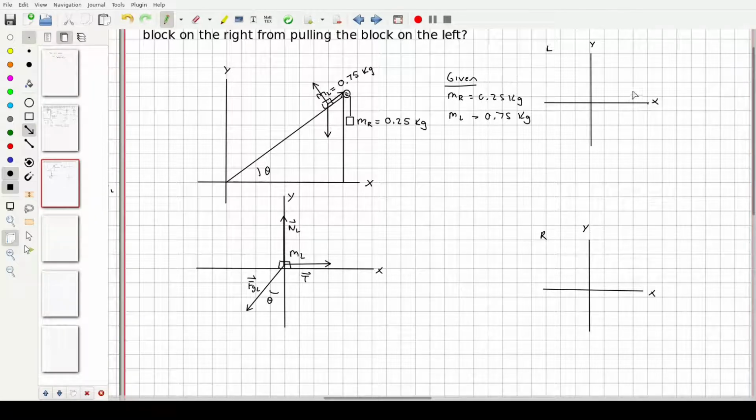For the left side, after we've rotated our coordinate system, we have the tension to the right, we have the weight going down that way, and then we have our normal force going up.